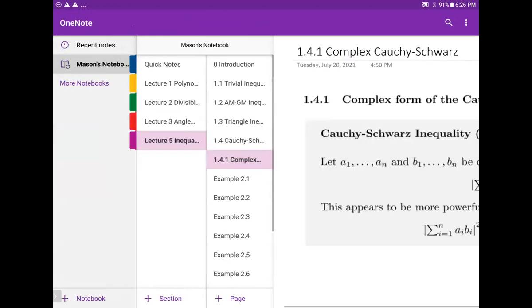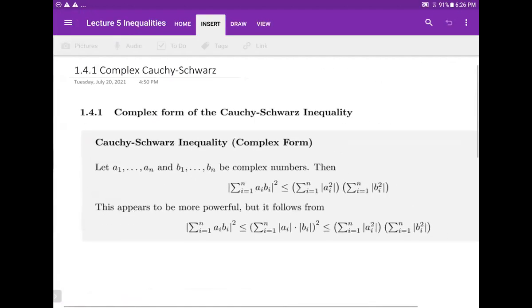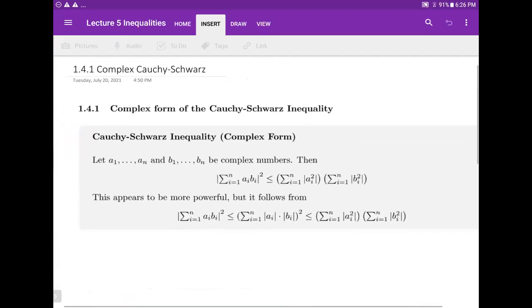And next we have the complex form, which is different from the elementary form in the sense that we are discussing complex numbers. In this case, we have that the magnitude of the sum of the products, squared, is less than or equal to the magnitude of each individual term squared from each sequence, multiplied together.